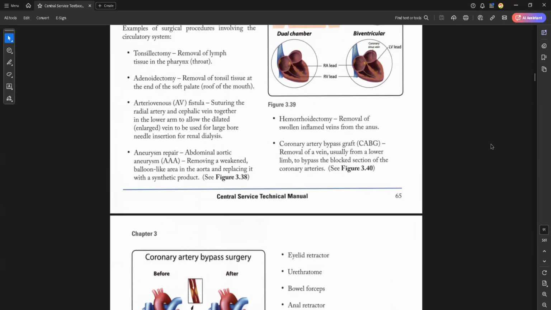Hemorrhoidectomy. The suffix ectomy is also there again, removal of swollen, inflamed veins from the anus. Coronary artery bypass graft, CABG, removal of a vein, usually from a lower limb, to bypass the blocked section of the coronary artery.